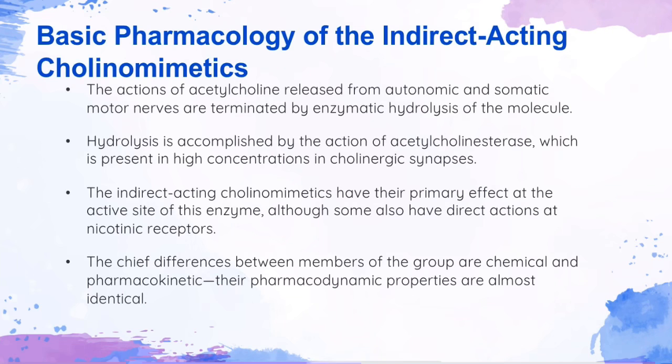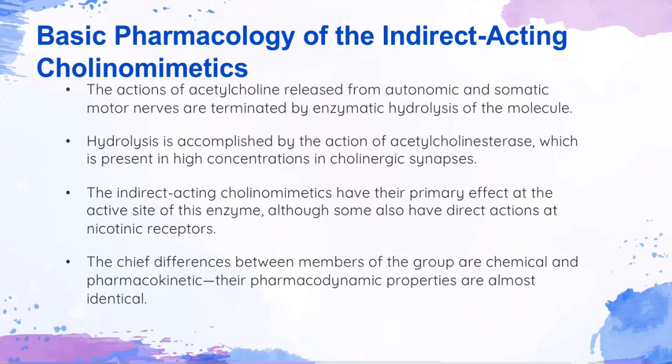Next is the basic pharmacology of the indirect-acting cholinomimetics. The actions of acetylcholine released from autonomic and somatic motor nerves are terminated by enzymatic hydrolysis of the molecule. Hydrolysis is accomplished by the action of acetylcholinesterase, which is present in high concentrations in cholinergic synapses.